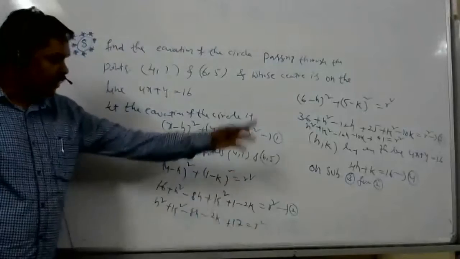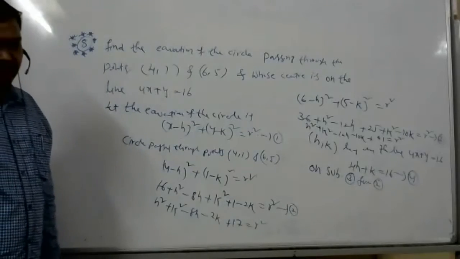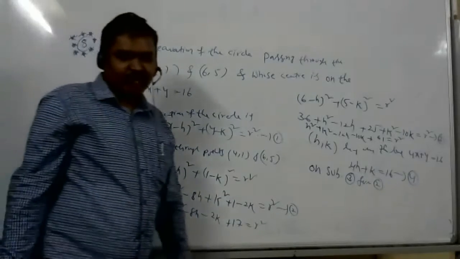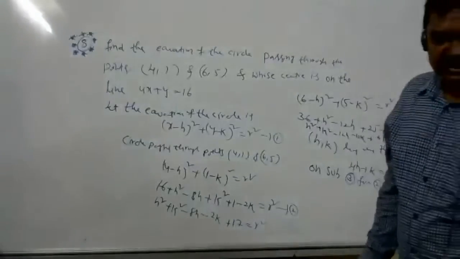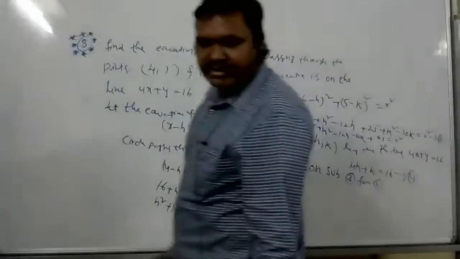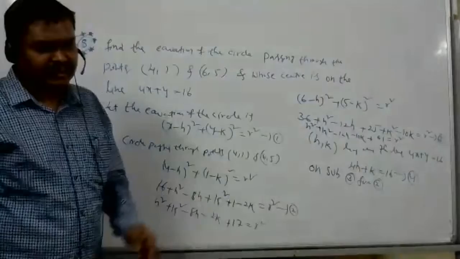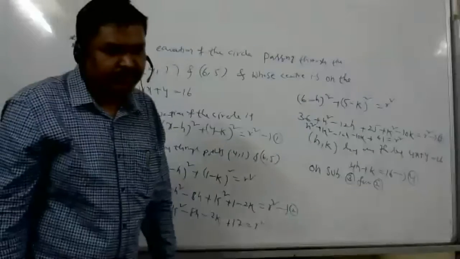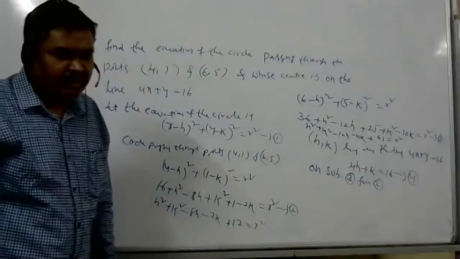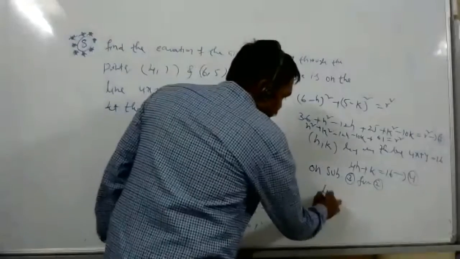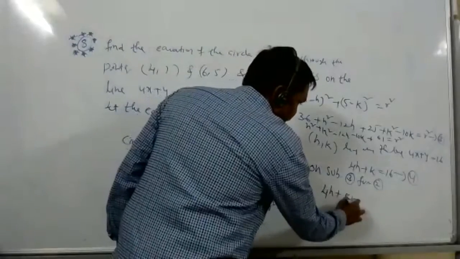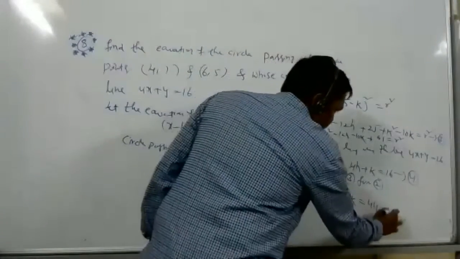Subtracting 3 from 2, 4h plus 8k is equal to 44, right? Yes, sir, 44. 4h plus 8k is equal to 44. This is equation 5.